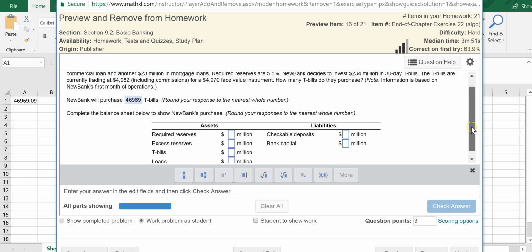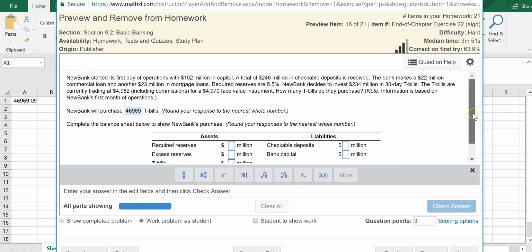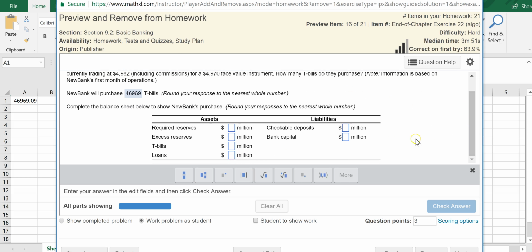Because a typical commercial bank balance sheet includes assets and liabilities, and assets could include reserves, security holdings. Typically, security holdings are government treasuries, including the treasury bills, and also the loans. So the T-bills here is $234 million. So we can just put that number down.